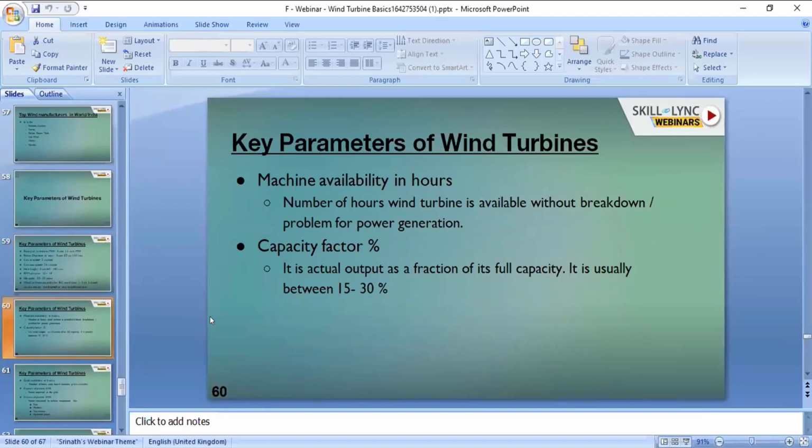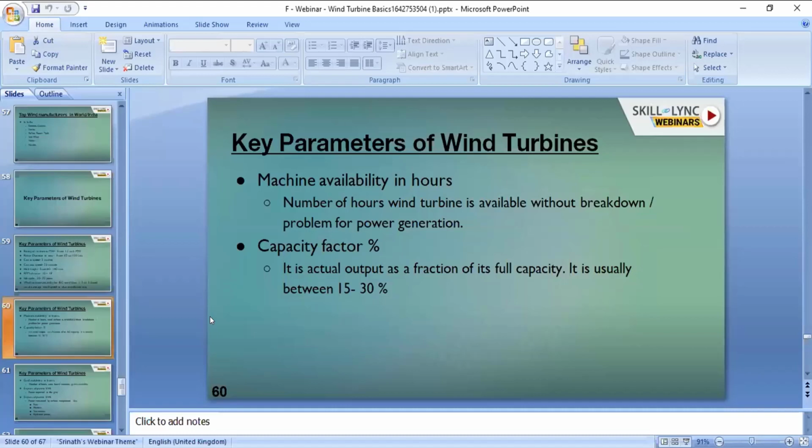Then comes the capacity factor. Basically, as we all know, wind is not even for all 24 hours or even all 12 months in a year. If you consider day and night, it is more at night compared to the day.